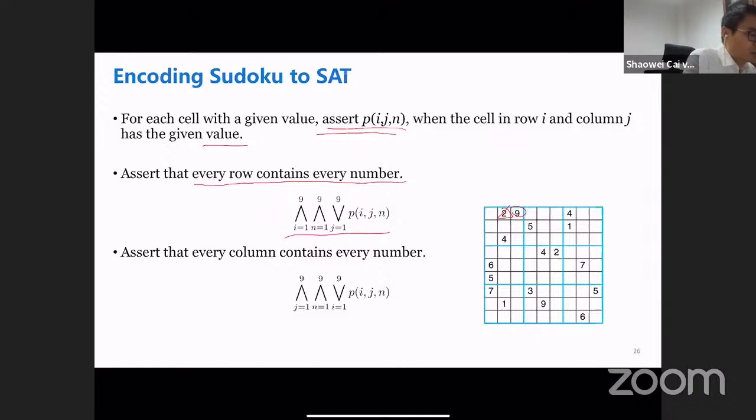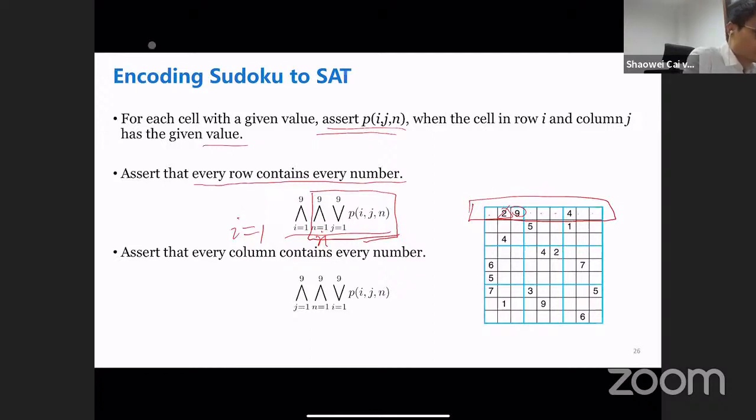Okay, for this one, let's first fix a row. For example, let's fix i equals 1. So we see this part. This part says that for each number n, it must appear in at least one cell of this row.